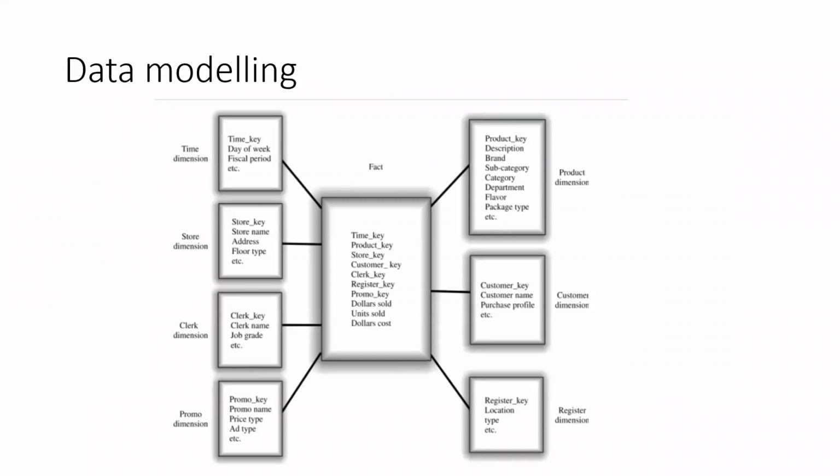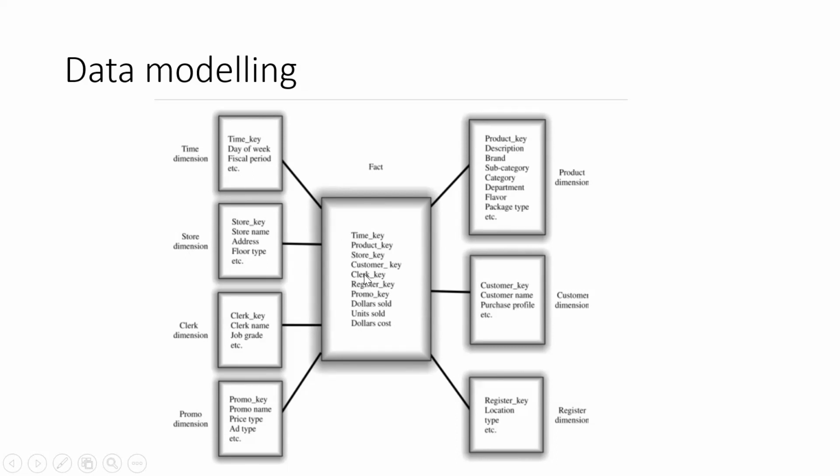Okay. So this is called data modeling, when our fact and dimension tables are ready. This is the fact table, and those are the surrounding dimension tables: product dimension, customer dimension, register dimension, promotion dimension, clerk dimension, store dimension, time dimension.